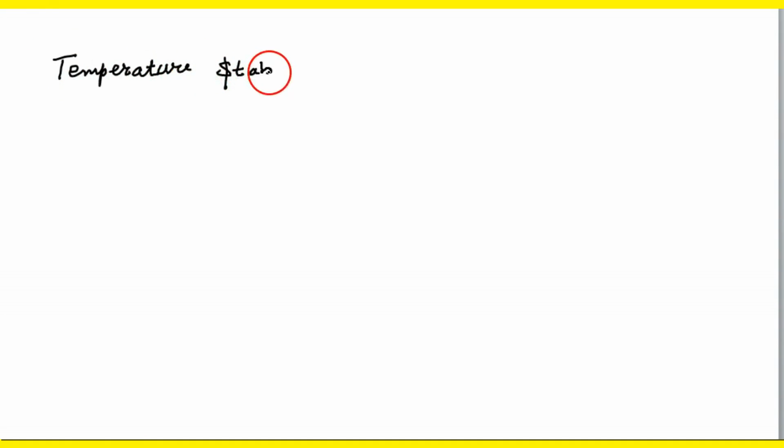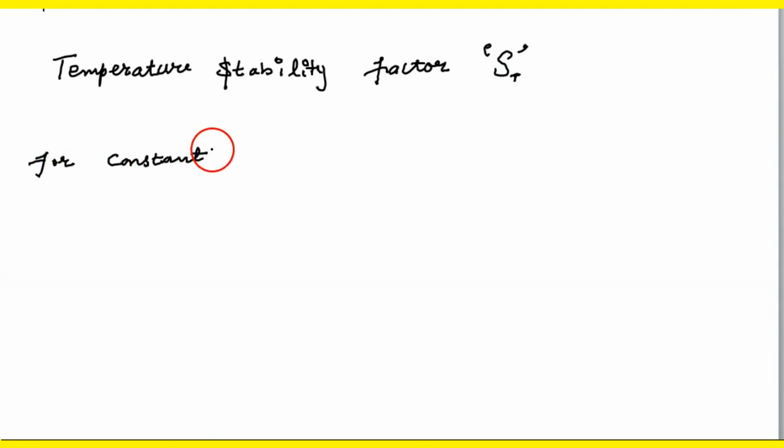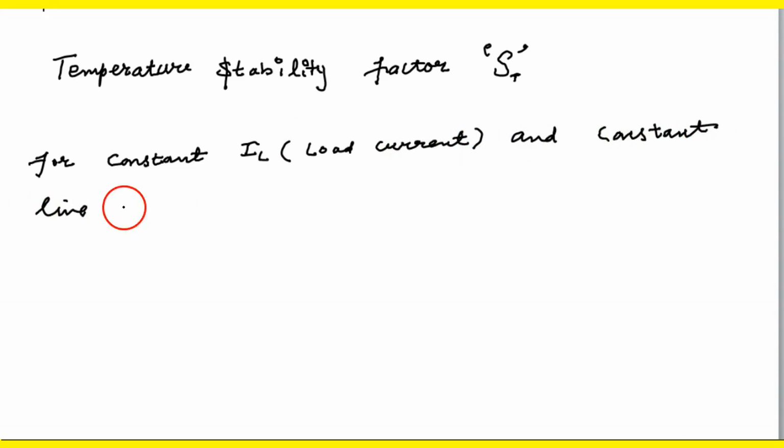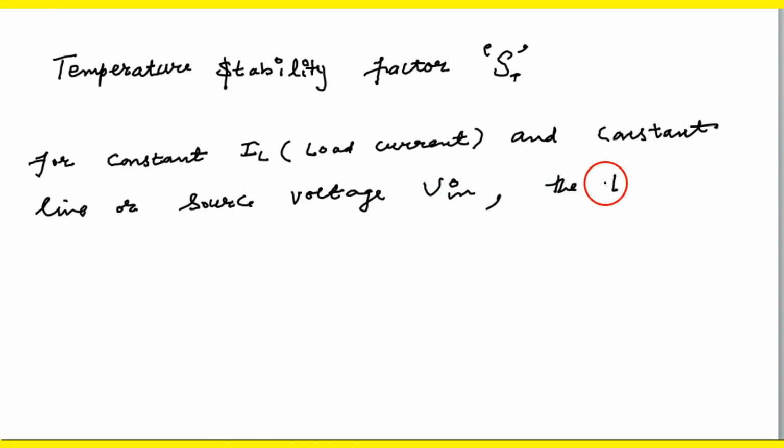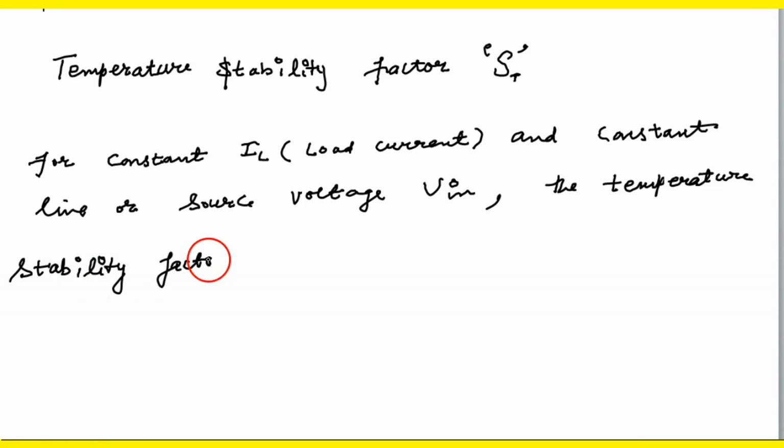Now we study the effect of temperature. We define a temperature stability factor ST. When we vary the temperature, we keep the other parameters constant, like the load current IL, and the line or source voltage should remain constant. Then we define the stability factor.